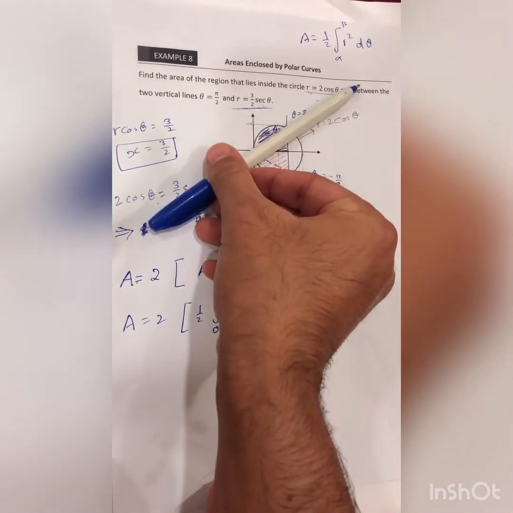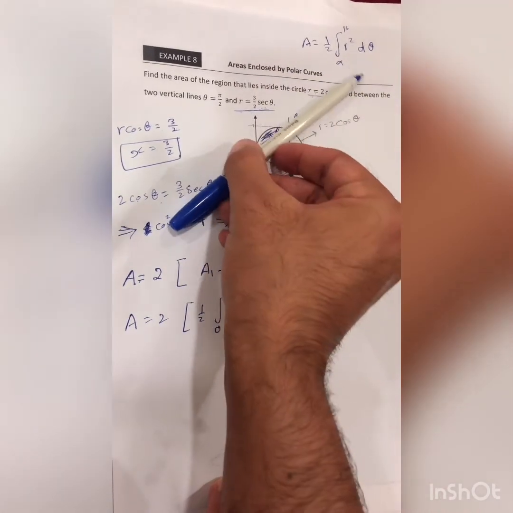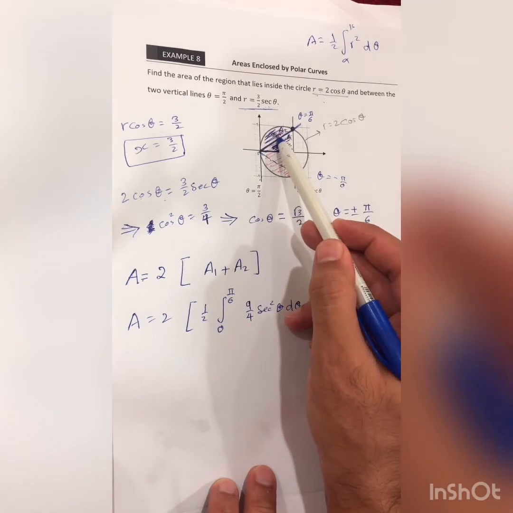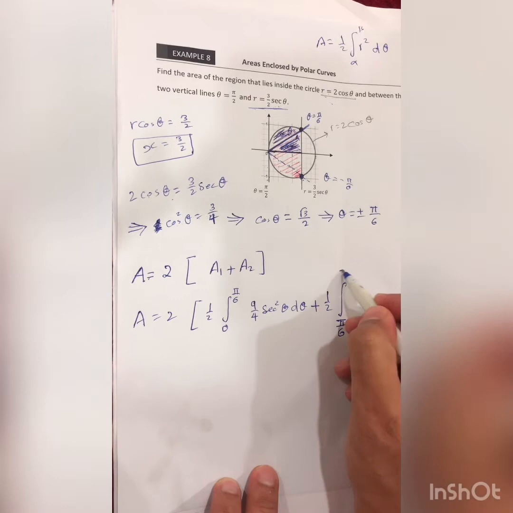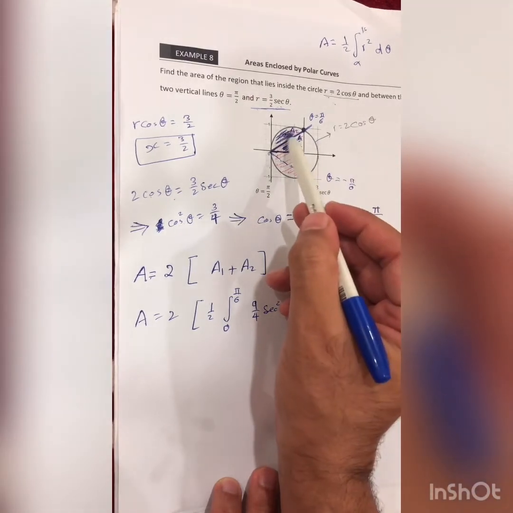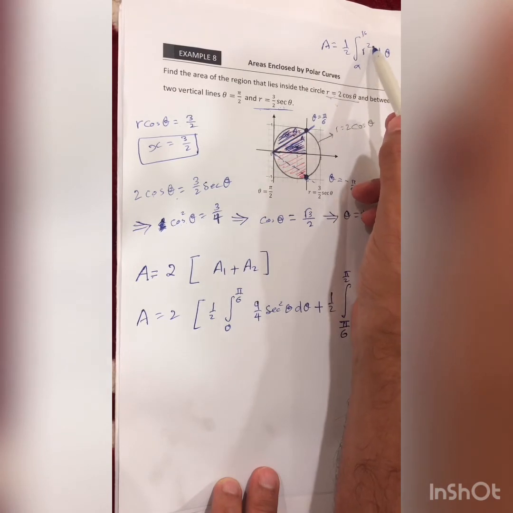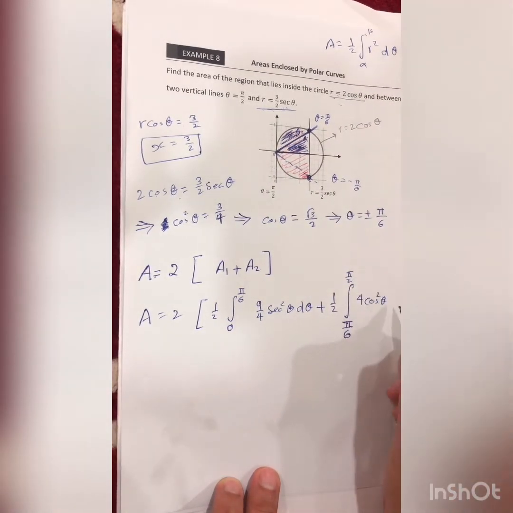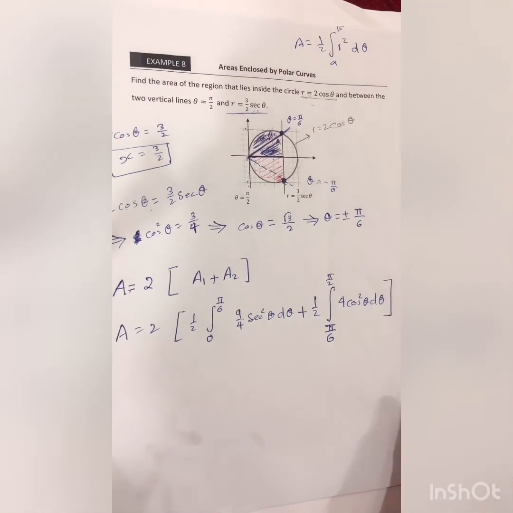If theta goes from pi/6 to pi/2, then you're going to sweep out this area under the circle, which is A2. The area under the circle r equals 2 cosine theta. So we're going to have r squared, which means 4 cosine squared theta d theta.